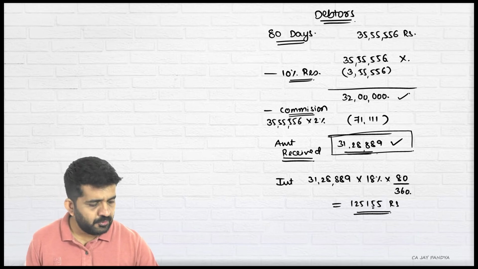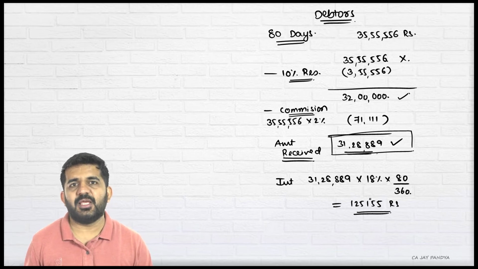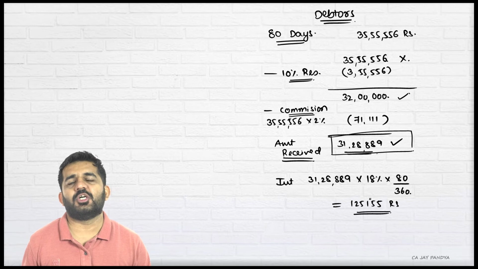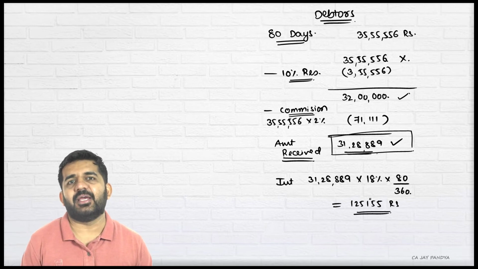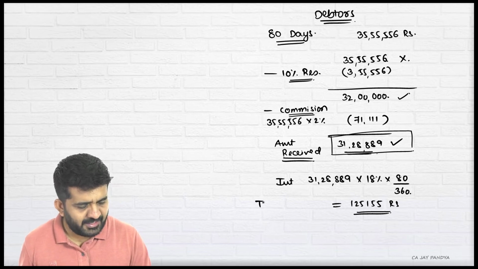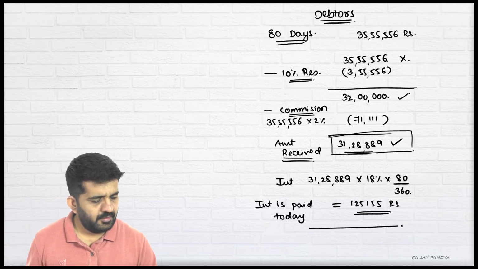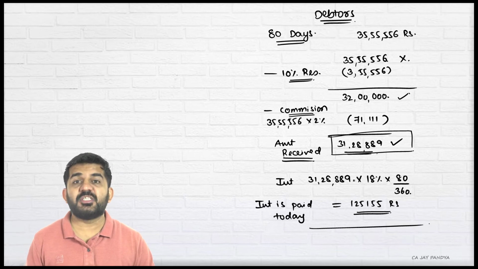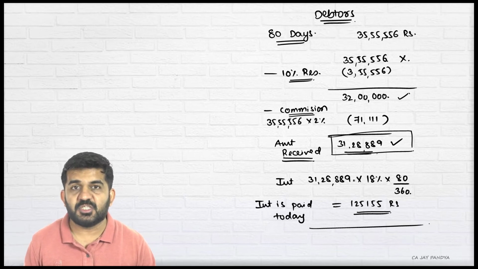But if you reduce interest from this, then I will be reducing interest assuming that interest is charged and paid as on today. Is it all? So assume that interest is paid today. With this weird assumption I am taking because this answer matches with the suggested answer.